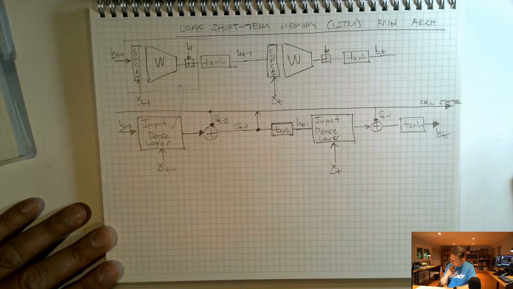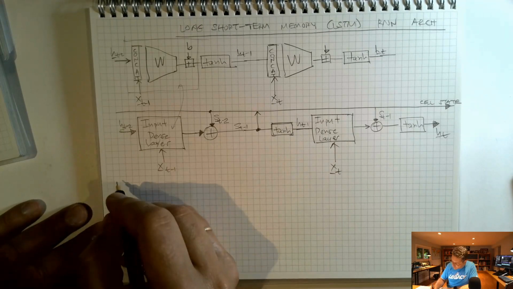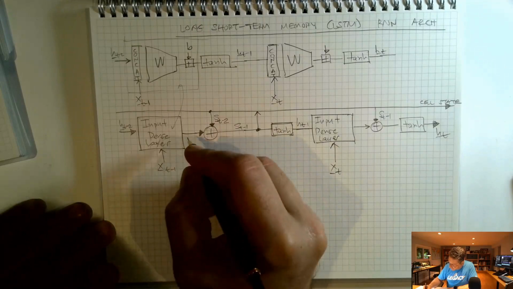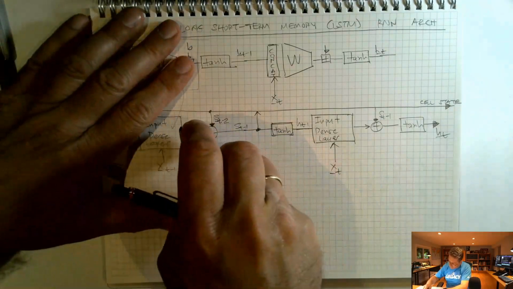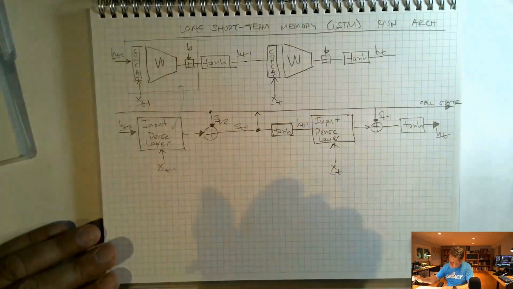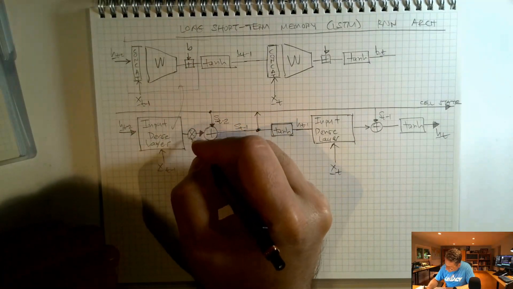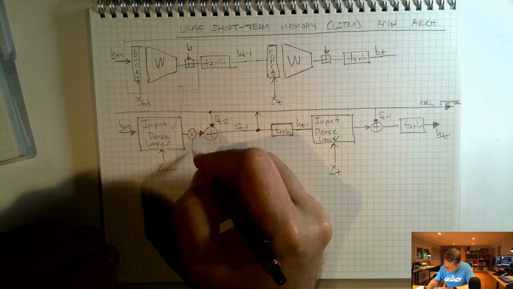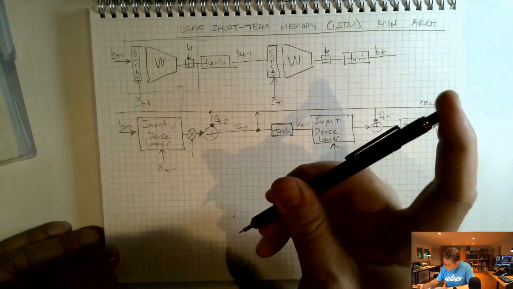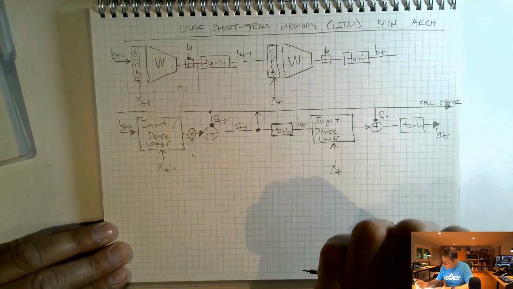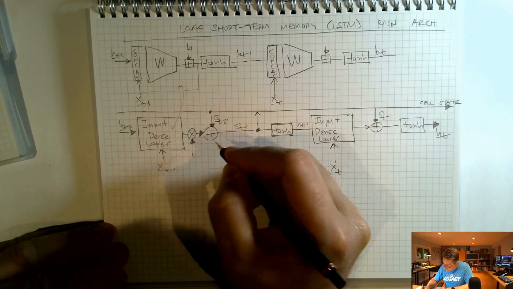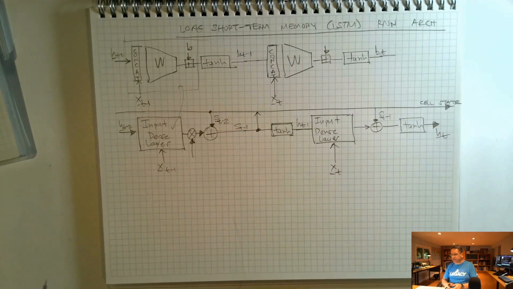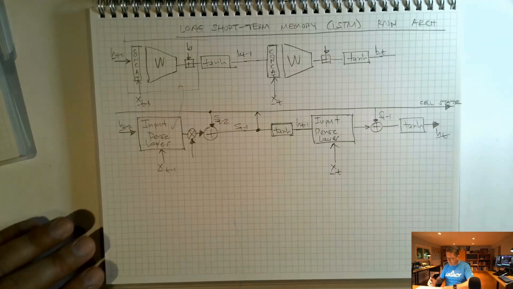Okay, so let's try to introduce first our first gate, which I'll call the input gate. So the input gate is going to be added over here and will take the form of a multiplier. This multiplier is not like the original multiply. It's called Hadamard multiplication, and in English basically stands for element by element multiplication.